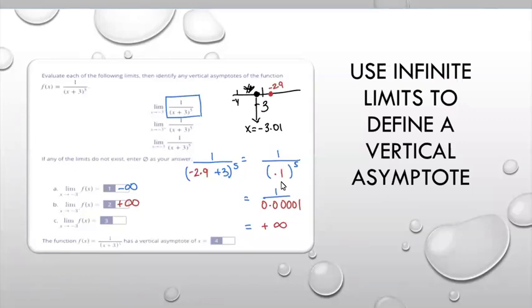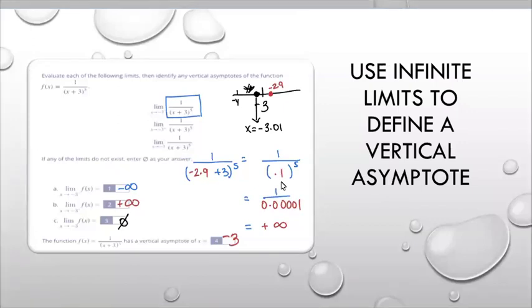Once you have the one-sided limits, then we can conclude here that the limit as x approaches minus 3 doesn't exist, because the behavior near the asymptote is different. One is increasing and the other one is decreasing without bound, all right? But the limits are heading towards infinity, which tells you that x equals negative 3 is a vertical asymptote of the function.